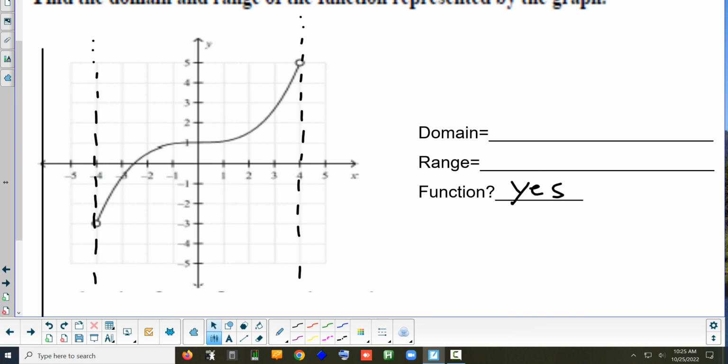So, Mia, how far left does my graph go in this picture? I need a number. So that would mean that it stops right there. But I think it does go a little bit further to the left. -4.